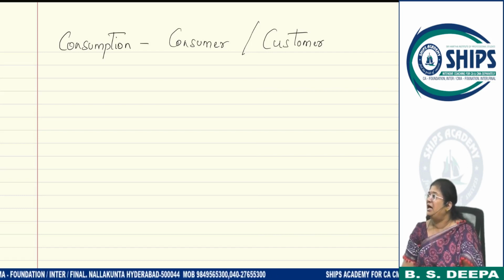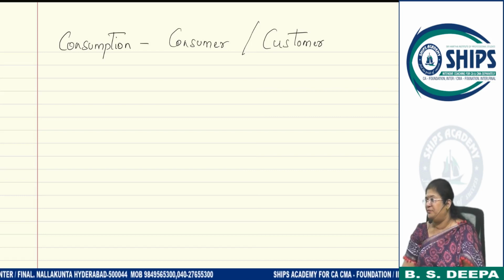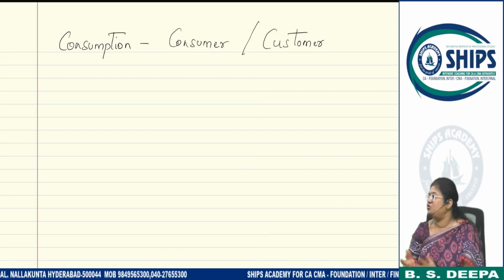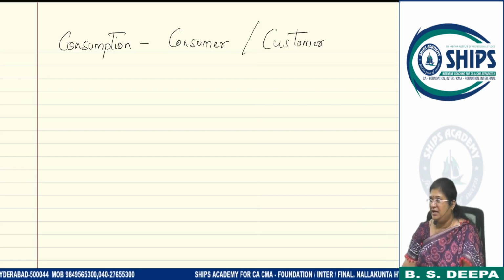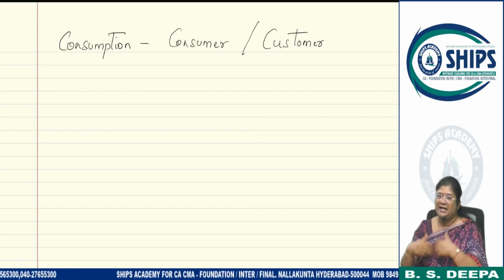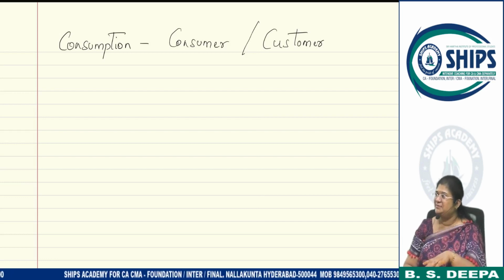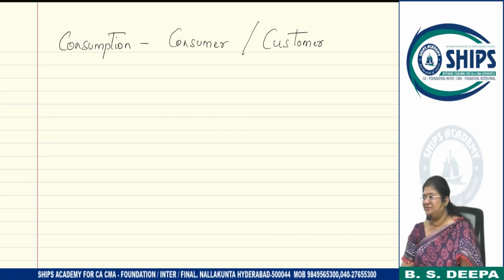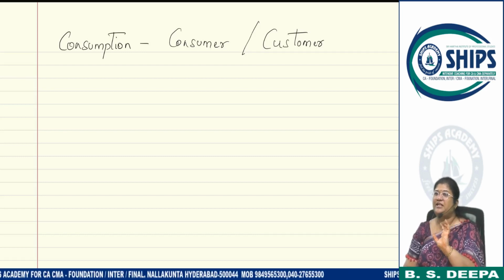For example, I am a customer who goes and buys chocolates in a shop, but I don't use those chocolates, I give them to my children. So my children are the consumers, I am the customer. Let us say I purchase an ice cream and eat it myself. I am the customer as well as the consumer.